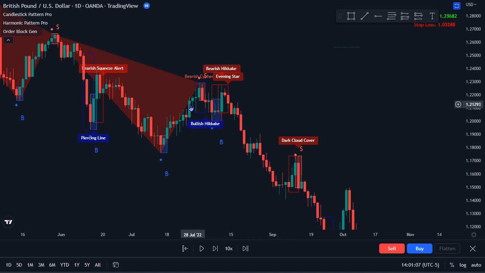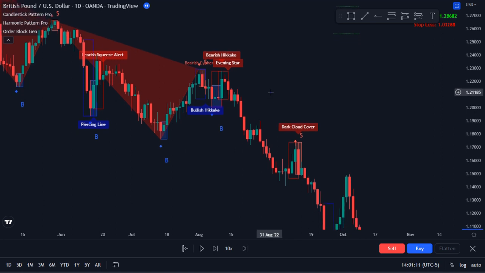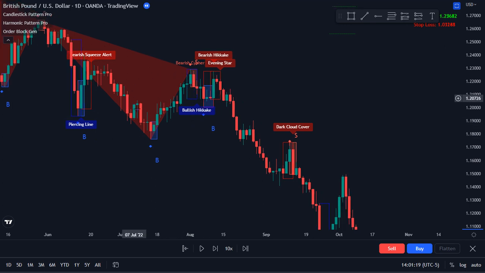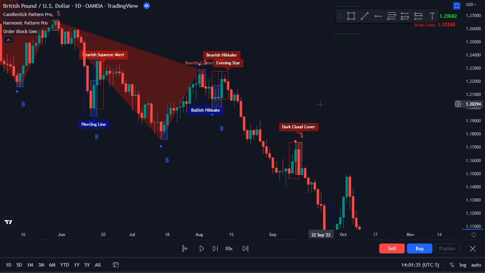But I say we give preference to the harmonic pattern because they will give fewer false signals than these candlestick patterns will. But that's why they are great confirmations with something like the harmonic pattern or even the Wolfe Wave indicator. Once the pattern forms and you see in this example other bearish confirmations, then you can feel confident in getting in a trade.